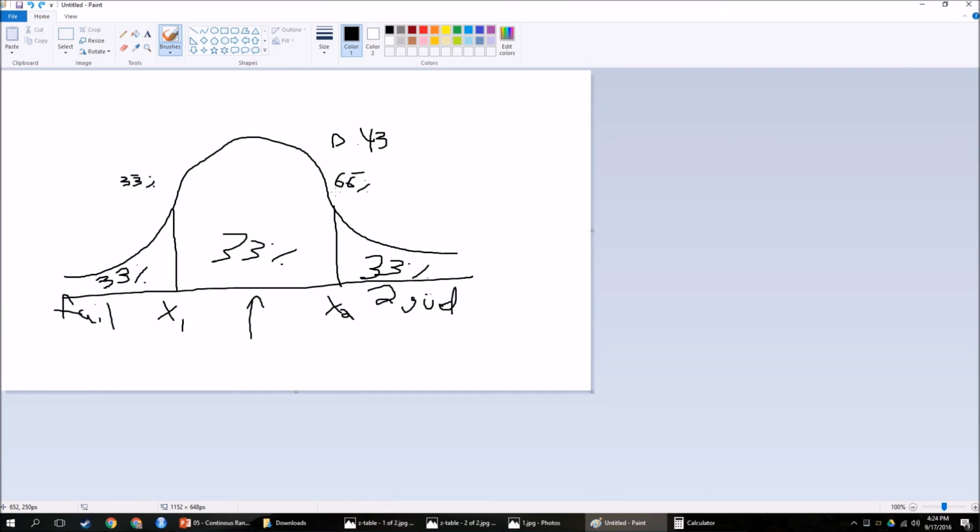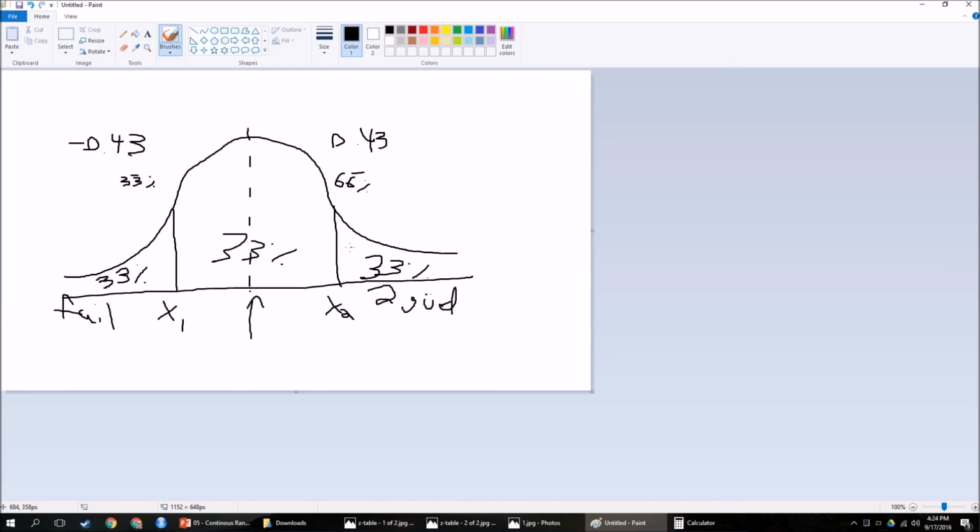This one is 0.33 away from 0, because it's a positive 0.33 from 0, but it's 66% from negative infinity. And this one, I'll draw a little line here. Okay, this one is the same distance away from 0, from the mean. And if that's the case, the z values should be reflected symmetrically. So positive 0.43, excuse me, and negative 0.43. That 3 looks like trash.